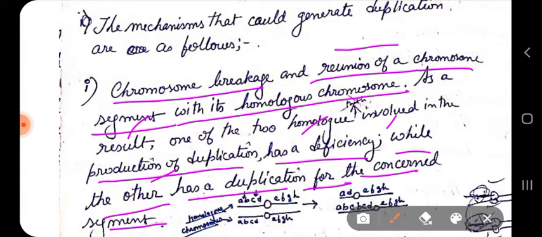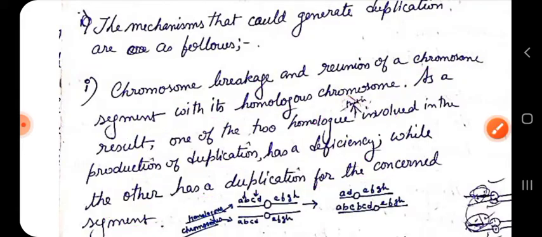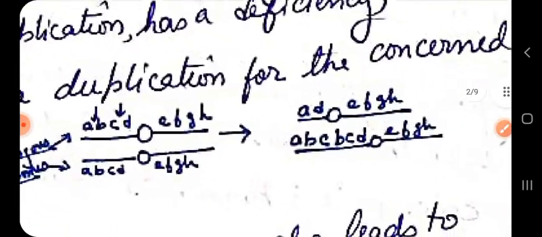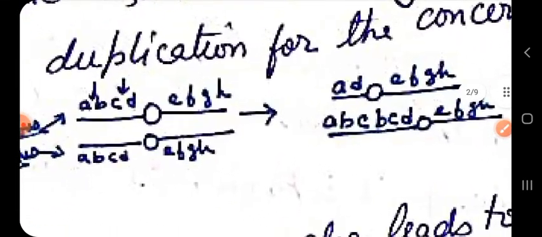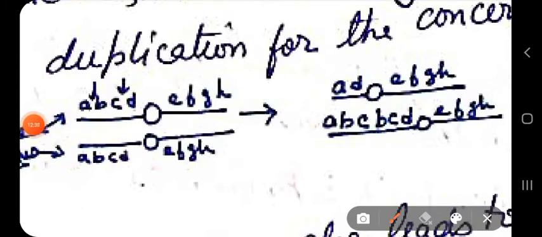Okay, so what does it mean? If I show you the diagram here by zooming in, I think you will be able to see. So these two are the homologous chromosomes.